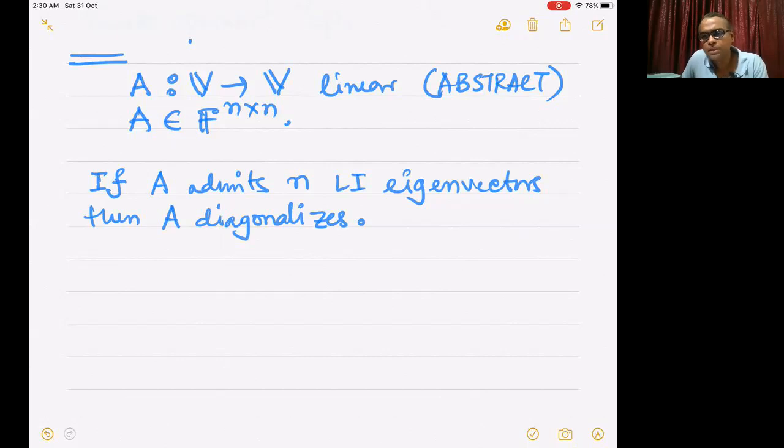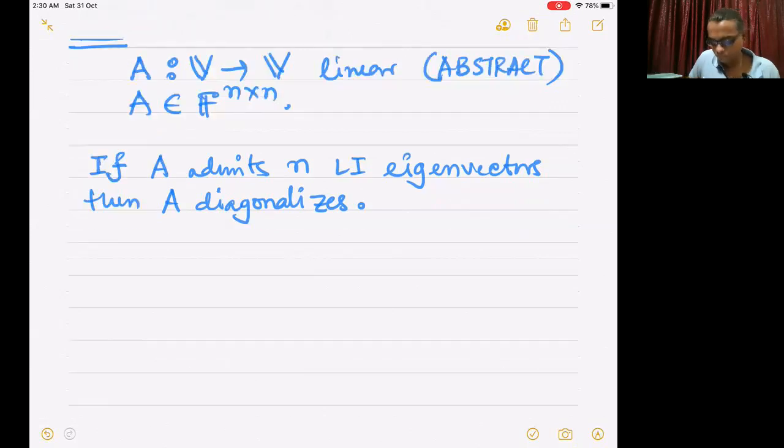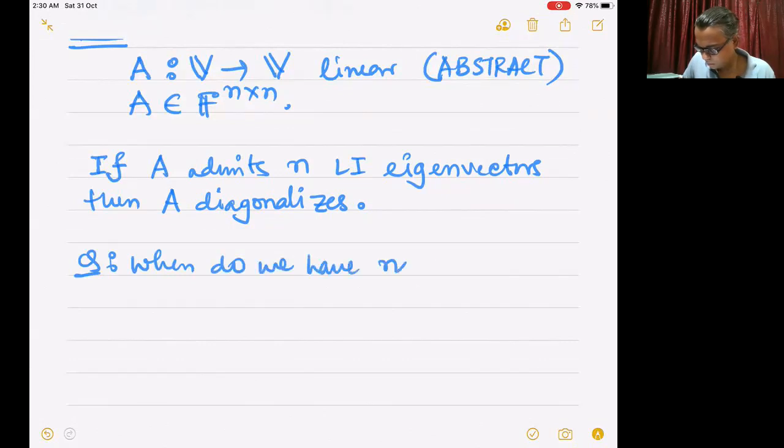In both cases, we say that A, the operator or the matrix, diagonalizes. The question is, when do we have n linearly independent eigenvectors?